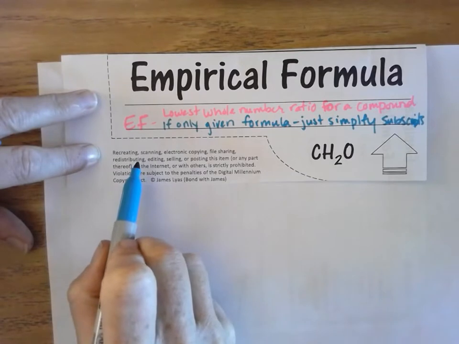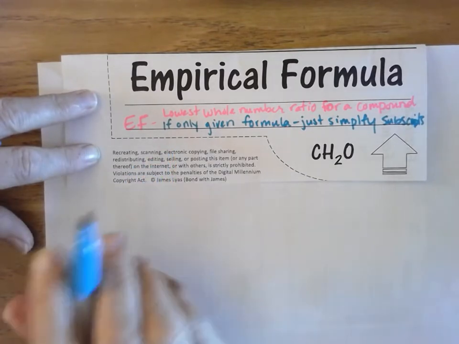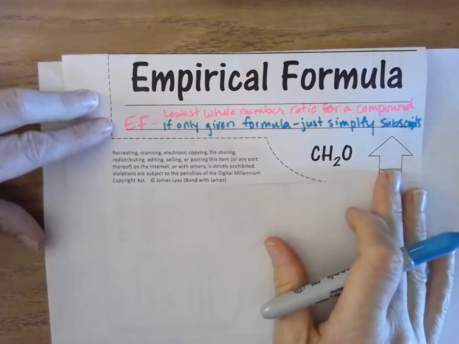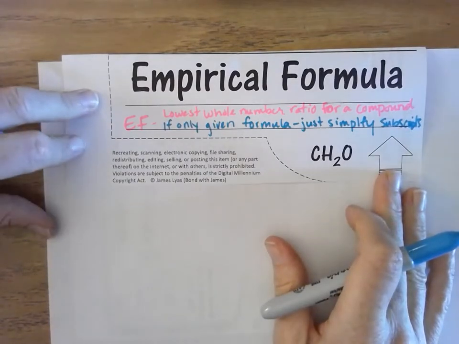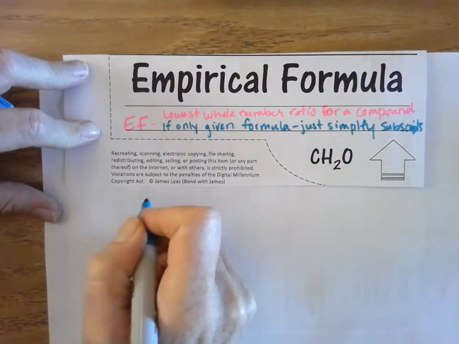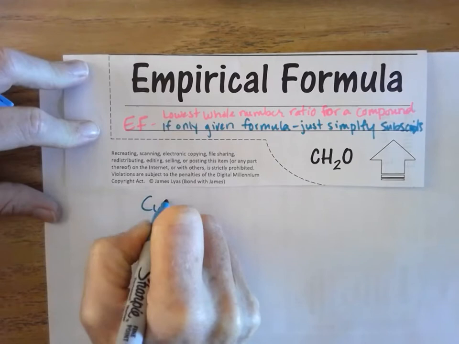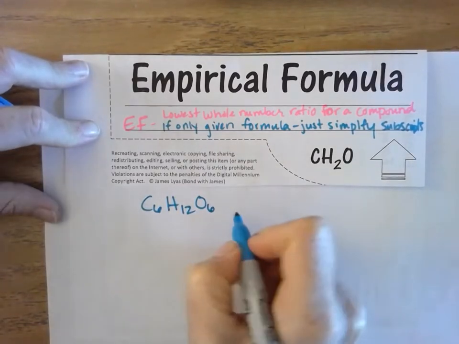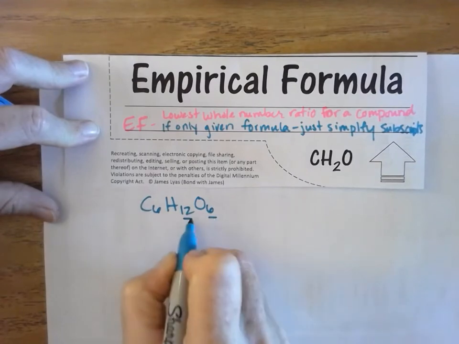One of the ways that we are asked to find the empirical formula is we're given a formula. For example, if we have C6H12O6, which is glucose, these subscripts can be simplified.